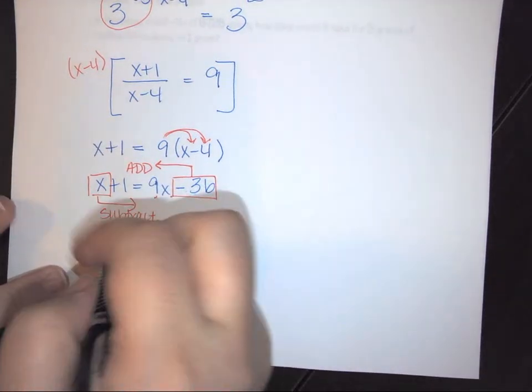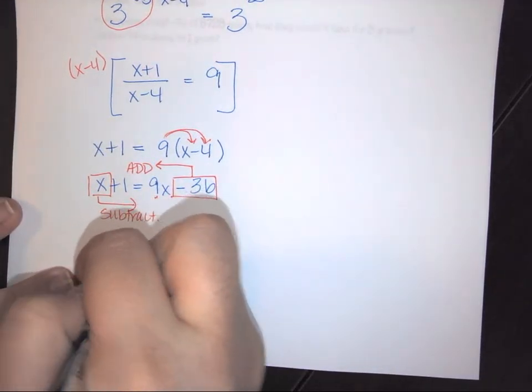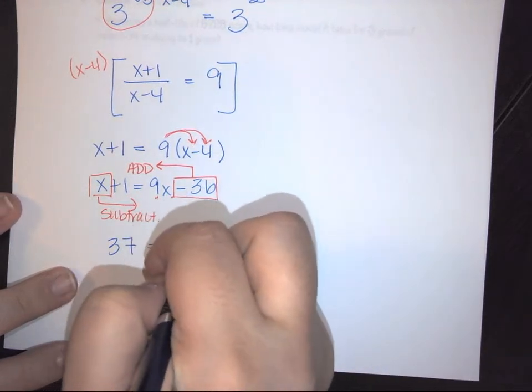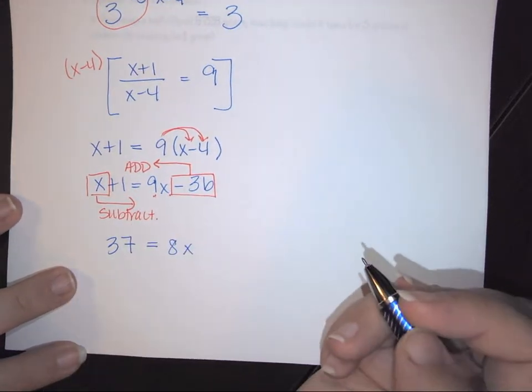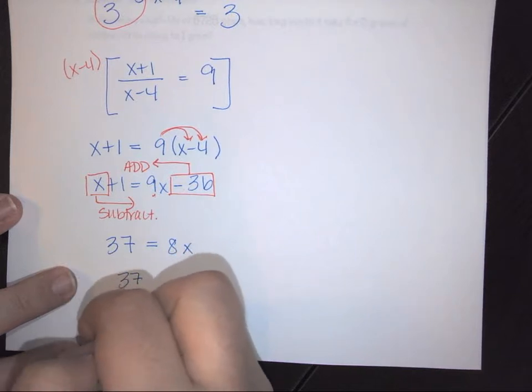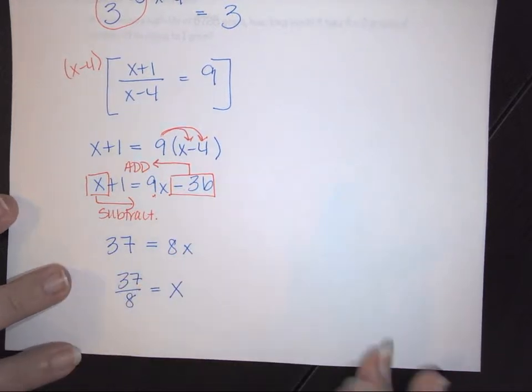So I have 1 plus 36 gives me 37, and I have 9 minus 1 gives me an 8x. Divide everything by 8 and you get 37 over 8 is equal to x.